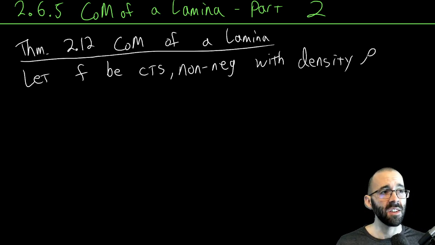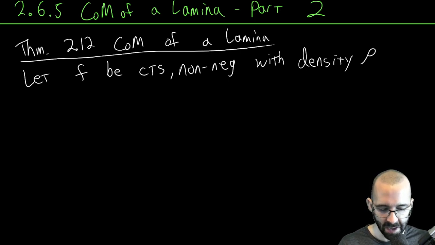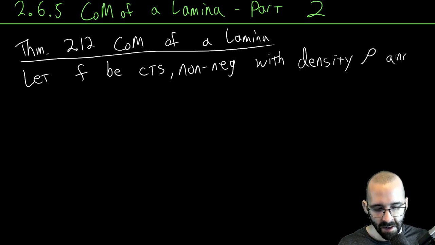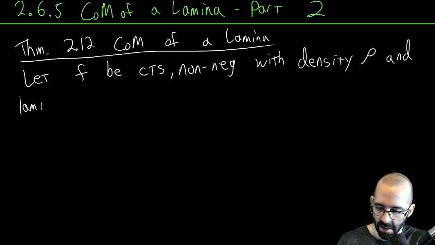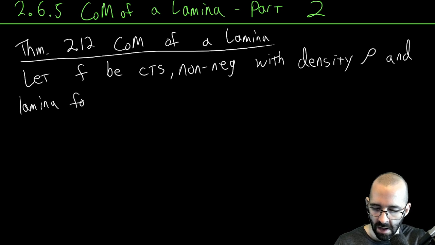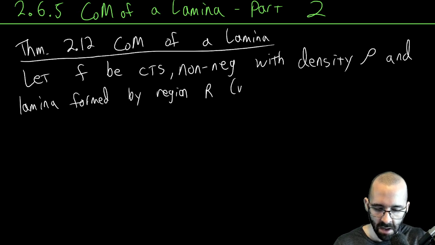I'll talk more about why we're assuming non-negativity here. Density rho and lamina formed by the region R, which is just under f from a to b.